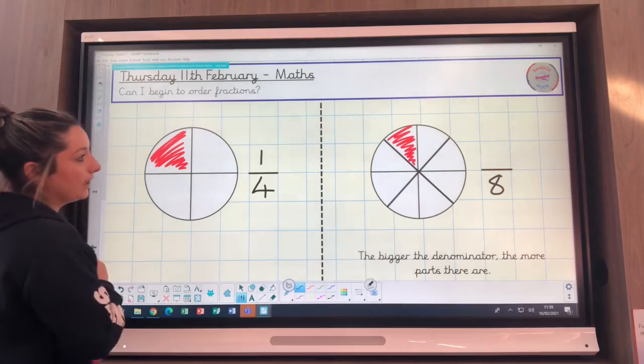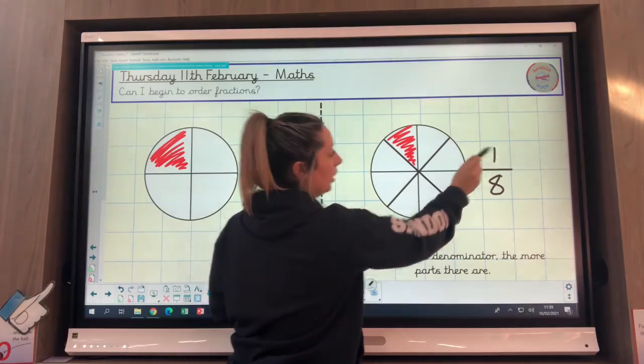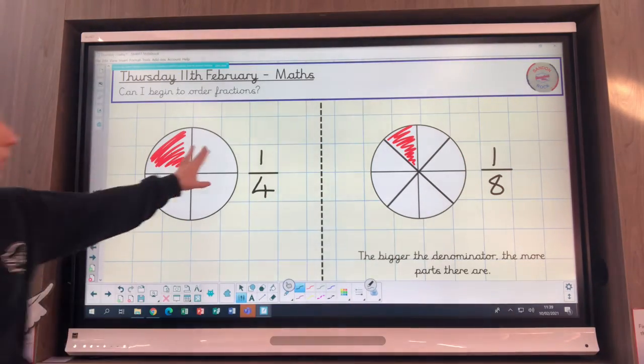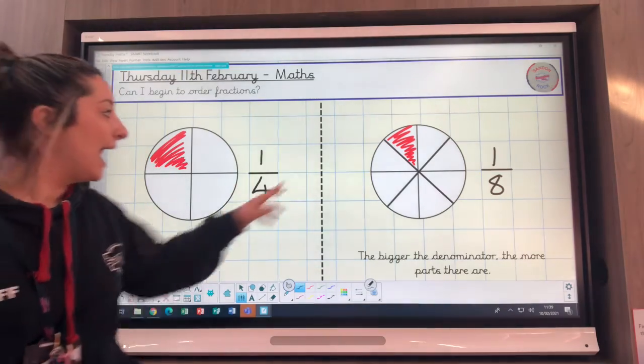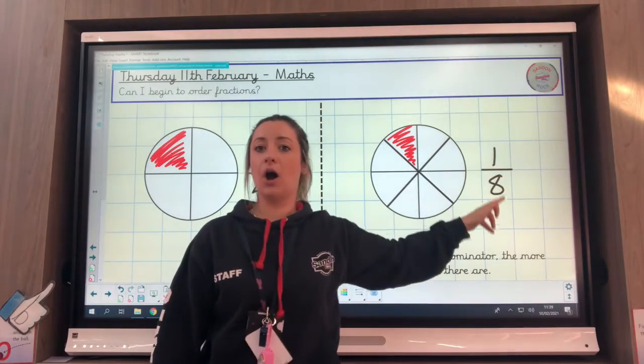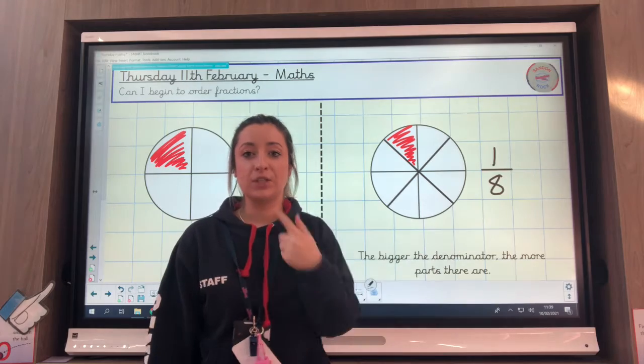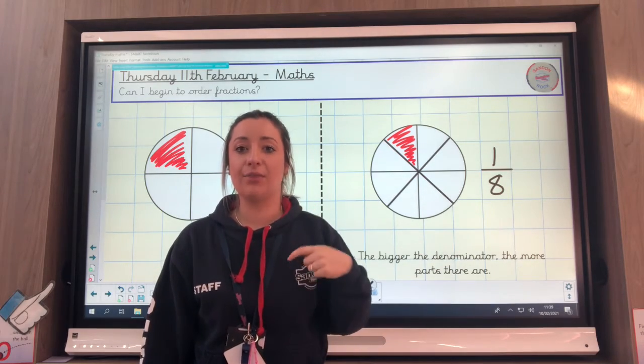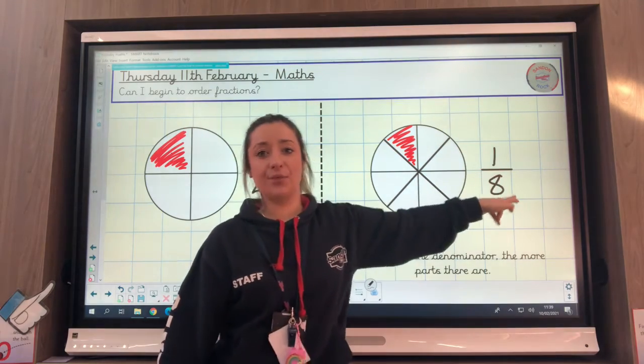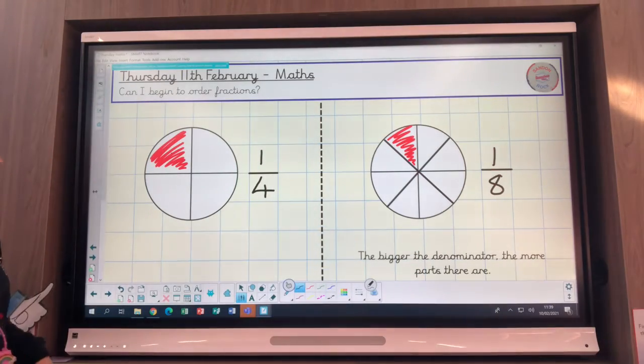So I can have 1 here and I can have 1 here. Now this one is 1/4, and this one, because it's 8 parts, we say eighths. So we're using the th sound, eighths. So I've got 1/8 and I've got 1/4.